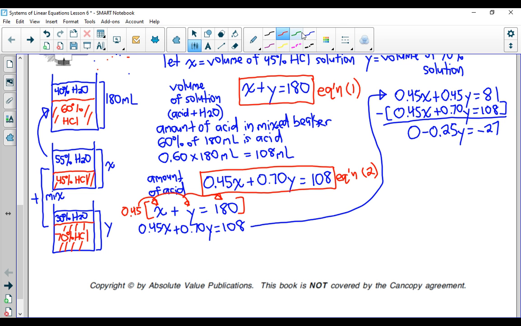To get y by itself now, you just need to divide both sides of the equation by the coefficient in front of y. So that's negative 0.25 divided by negative 0.25, and then negative 27 divided by negative 0.25, and then I would get my volume, y, would be equal to 108 milliliters.